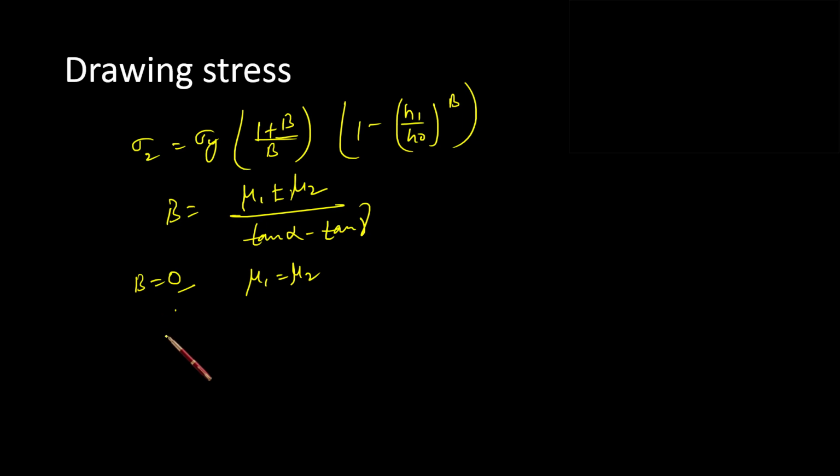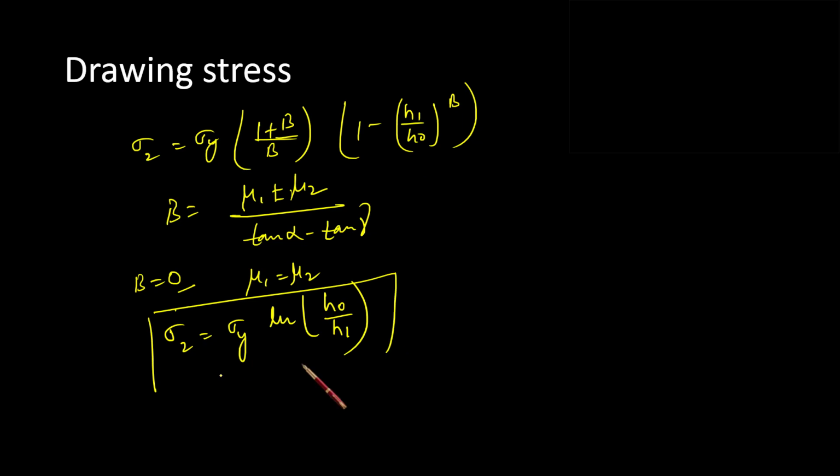So in that case, what will happen? Sigma 2 is equal to sigma y ln, now it will be reversed, so h naught by h1. So this is the ideal condition, and we can use this formula.